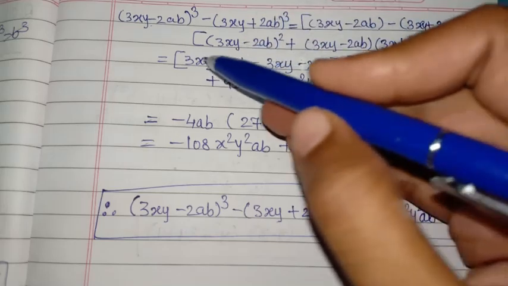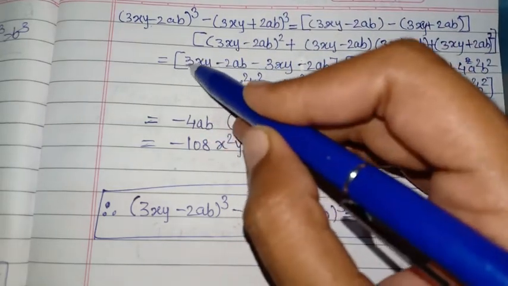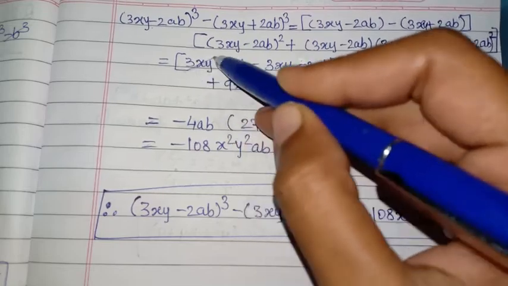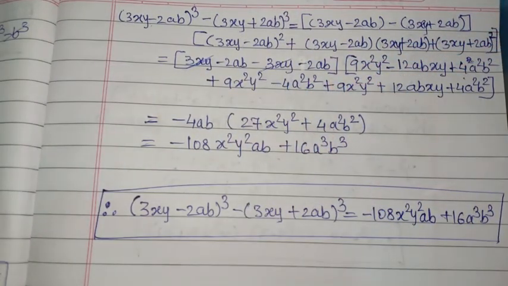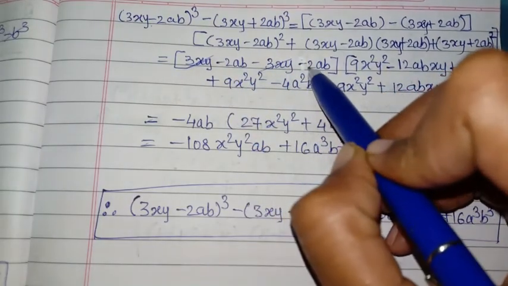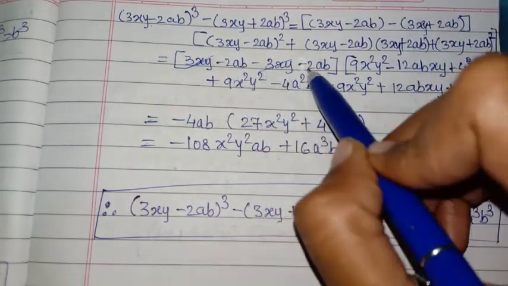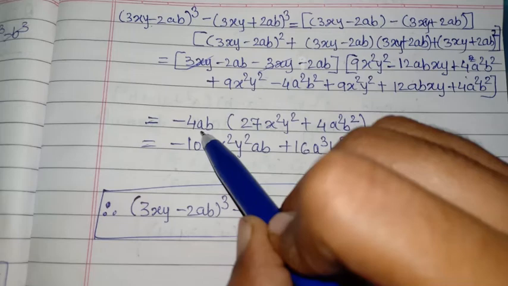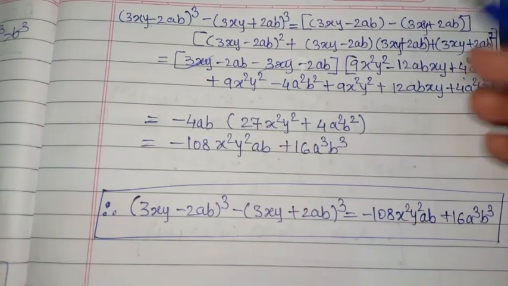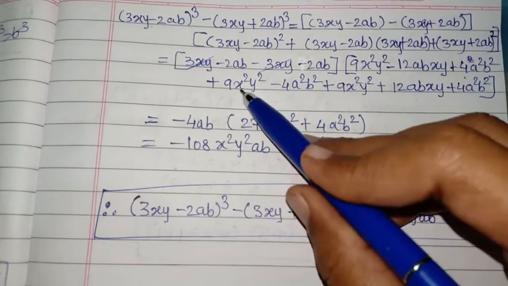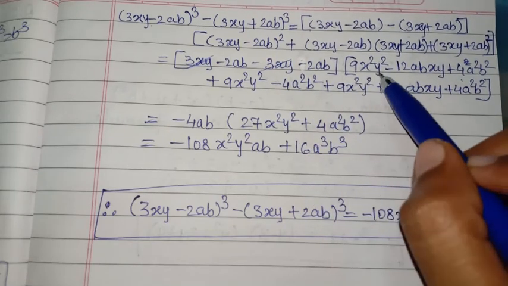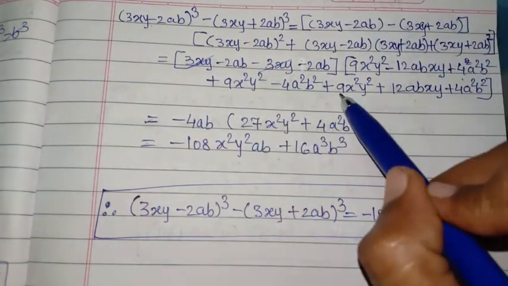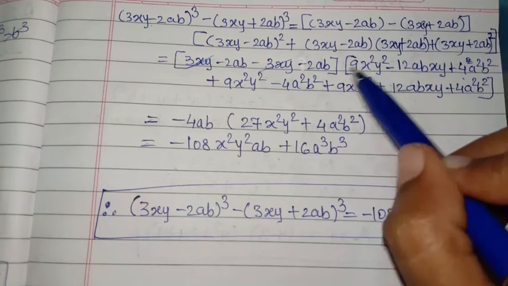Now children, look at this bracket. This 3x square is plus and this is minus. So it will get cancelled with each other, and this minus minus we have to add. So 2 plus 2, minus 4ab. Now 9x square y square, 9x square y square and 9x square y square. 3 times it is.